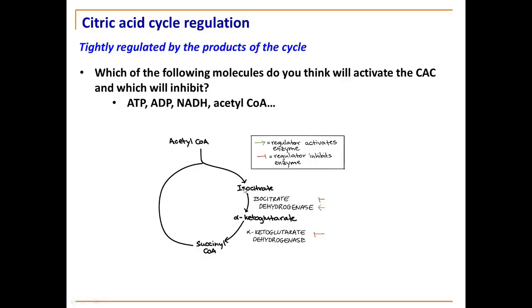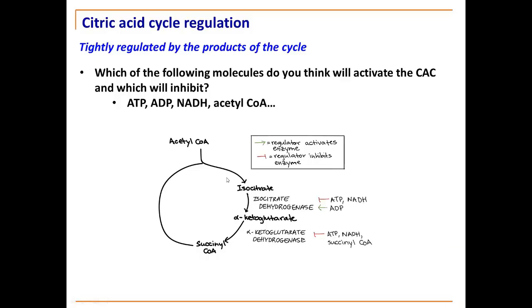But really what I want you to think about is if we're thinking about these four molecules, ATP, ADP, NADH, and acetyl-CoA, which of those are going to stimulate and which ones are going to inhibit the citric acid pathway? Like I said, don't worry about these intermediates. It's really just not important. But what I want you to understand is the concept of if these build up, will they stimulate or inhibit the pathway?